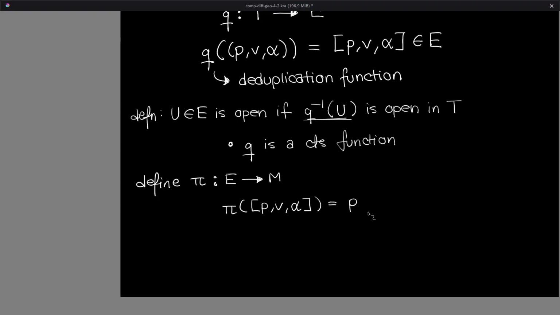Because PV alpha is the point in E. This is an element of E, and we're saying that we're mapping it to its base point P. And we know which base point it has because it contains that information here.